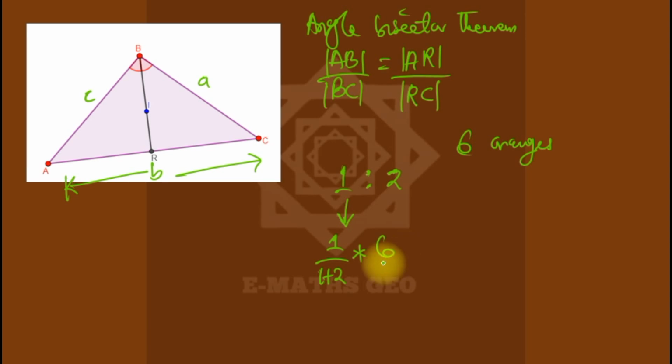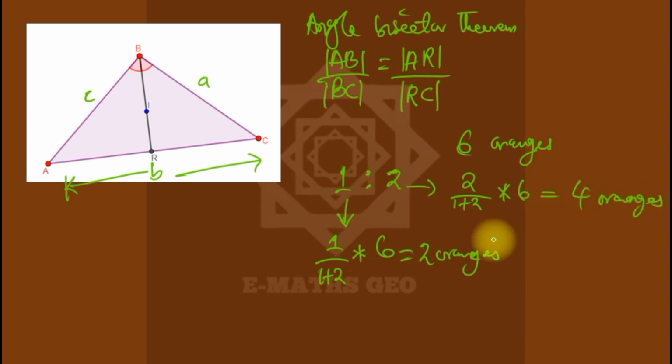So the first person will get 2 oranges, while the second person will get 2 over 1 plus 2 times 6, which is 4 oranges, which is the same as the ratio 1:2.